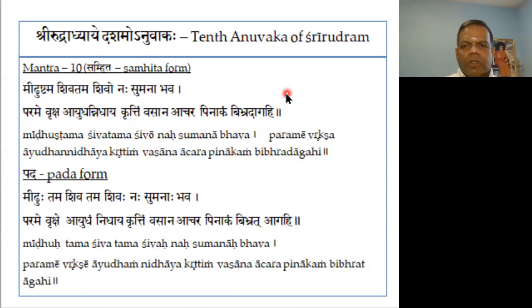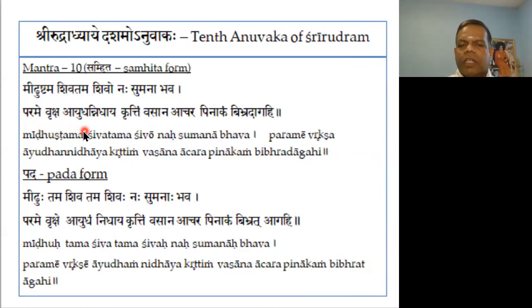Just pay attention to some of the letters and pronunciation. Midhu: this is the fourth letter in the ta varga, so it has to be aspirated. Dhu. Midhu. Ishtama. Shivatama. Shivo na. Sumana bha. The bha is also the fourth letter in the pa varga, so it has to be aspirated. Parame vriksha ayudhan.